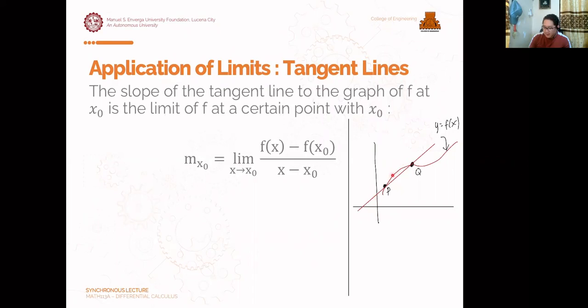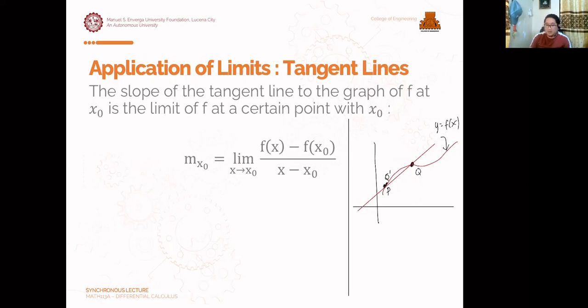Pero pag halimbawa, almost nandun na siya sa position ni P, anong line na yung mapo-form natin? Diba? Halos kung halimbawa kung nandito na almost yung value ni Q, sabihin natin Q prime, no?